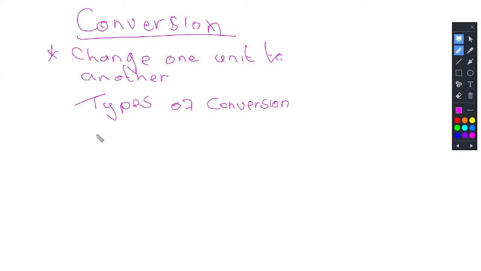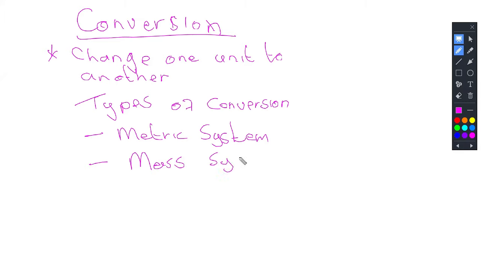So the first type of conversion that we are going to be focusing on is the metric system. The metric system is a system whereby we are only going to focus on measurements that are measured in kilometers, meters, centimeters, etc. The second part is the mass system, whereby we are dealing with food, liters and weight, etc. And then the last part is going to be foreign exchange.